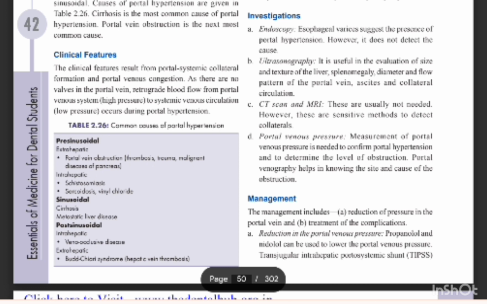CT and MRI are not needed. Measurement of portal venous pressure is needed to confirm portal hypertension. Portal venography helps in knowing the site and cause of the obstruction.